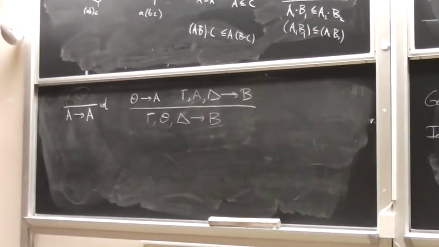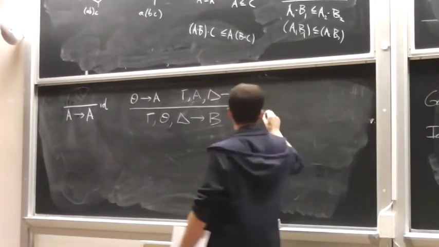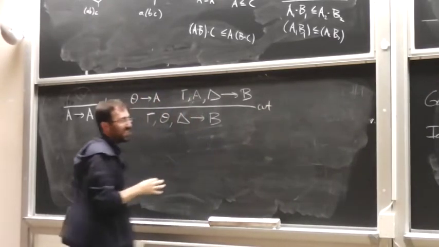This list of formulas, I'm also sometimes going to call a context, and use Greek letters gamma, theta, delta to range over these contexts. So this rule is called the cut rule.